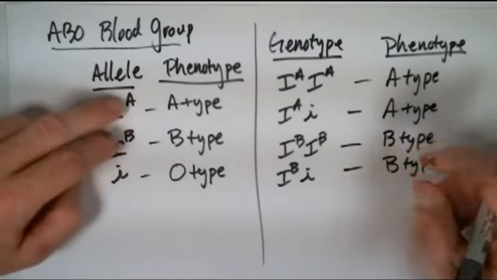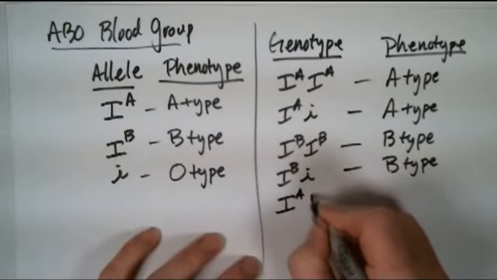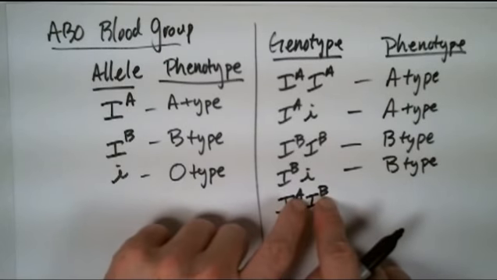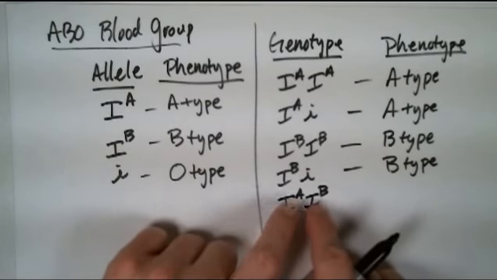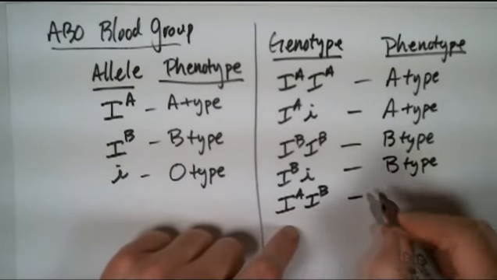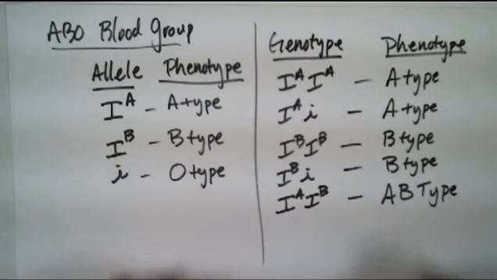Now remember that A and B are dominant, and they can be co-dominant. So we also can have this scenario where we have our two alleles here. Remember, we have to superscript them because we have three different types of alleles for this particular gene. So this person is going to be type AB. I think in the movie Bruce Almighty, that was one of the key features at the end.